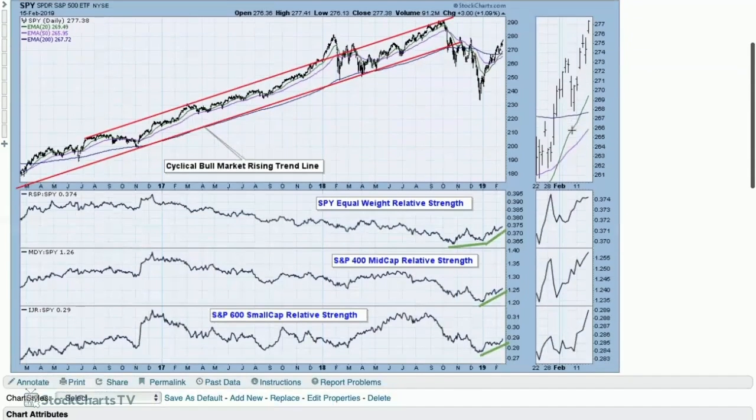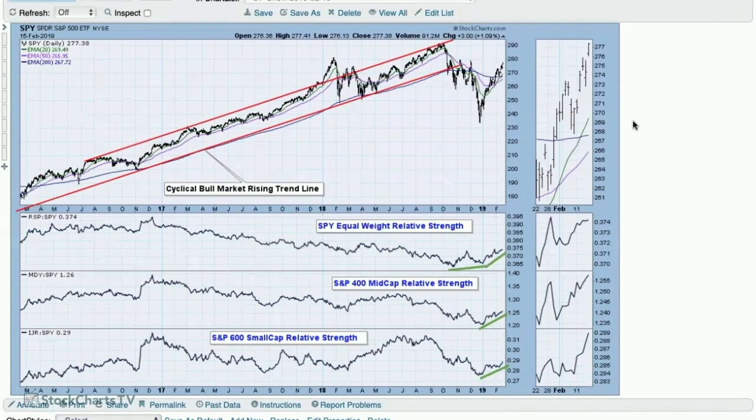Okay. Here's a method that might save you some time watching different indexes. Primarily, we're looking at big caps versus smaller caps. I did a relative strength line on the equal weight SPY, which means we're looking at all the stocks in the S&P 500 equally weighted, and that index is reweighted every quarter.